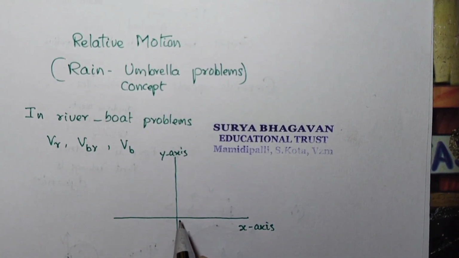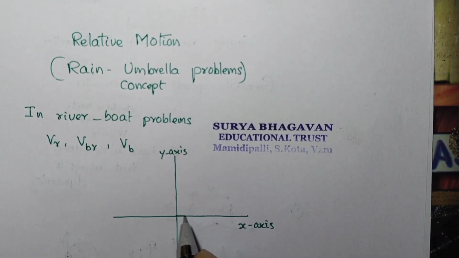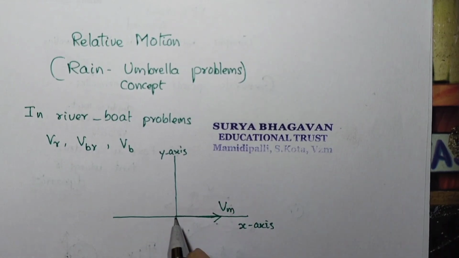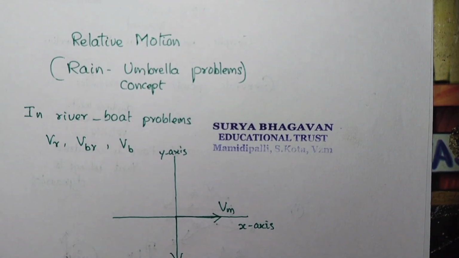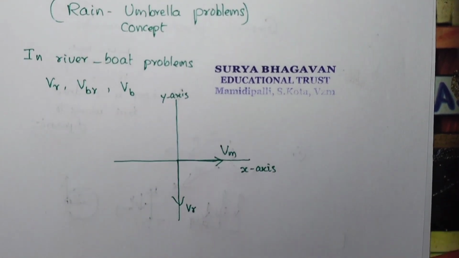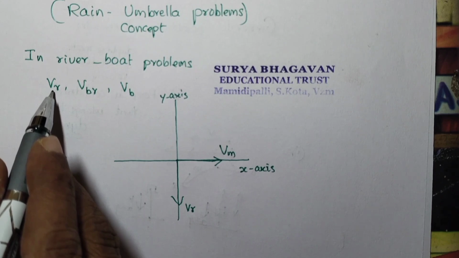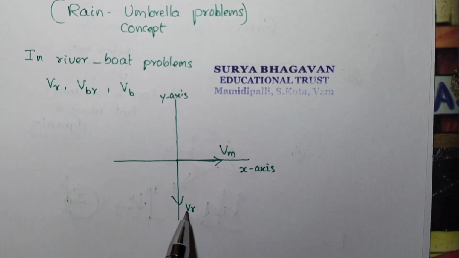In the x-axis direction, the man is moving in this direction with a velocity of Vm, and the rain is falling in this direction with the velocity of Vr. So here, in the place of river velocity, there is a rain velocity.